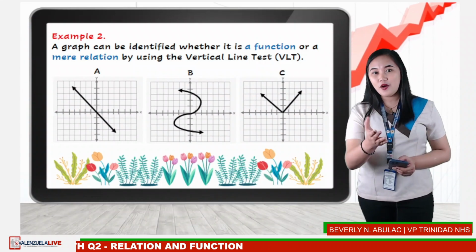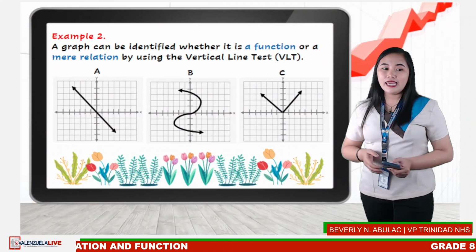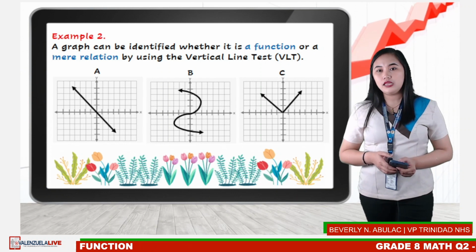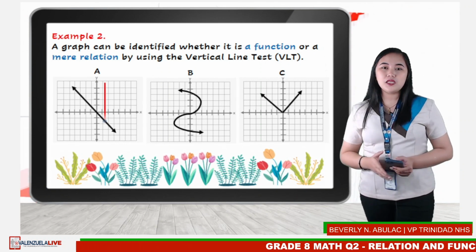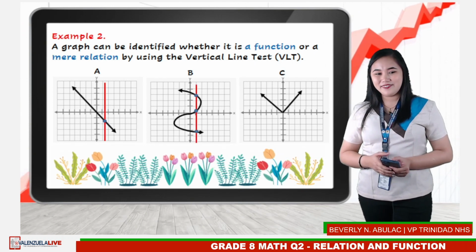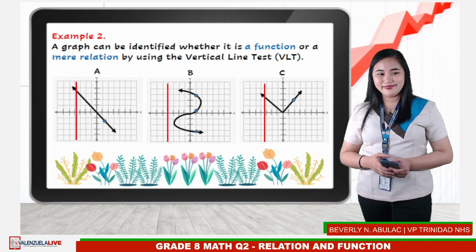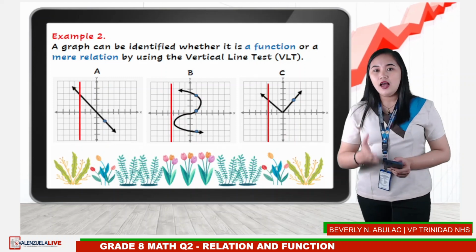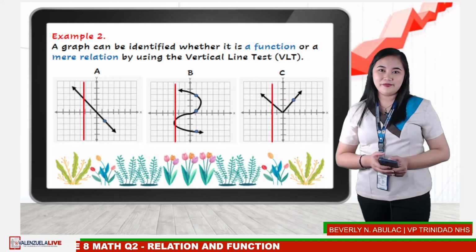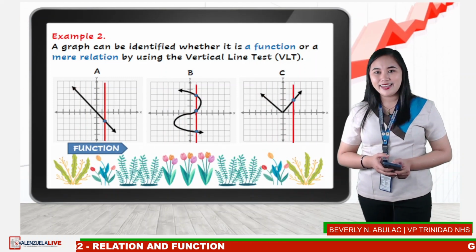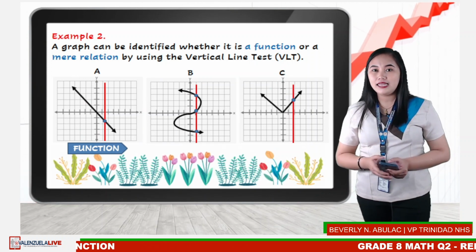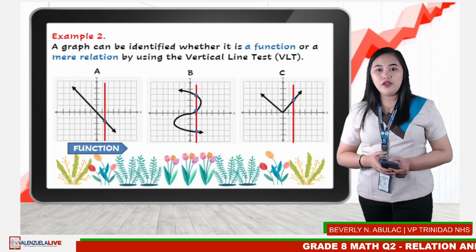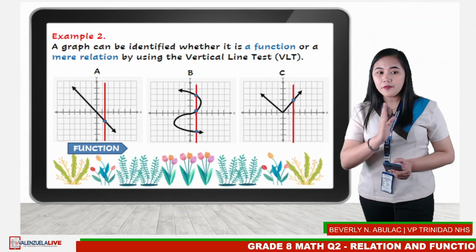We have example number 2. A graph can be identified whether it is a function or a mere relation by using the vertical line test. As you can see, the graph in A is a function, since the vertical line touches the graph at exactly one point, even if it is moved to the right or to the left.